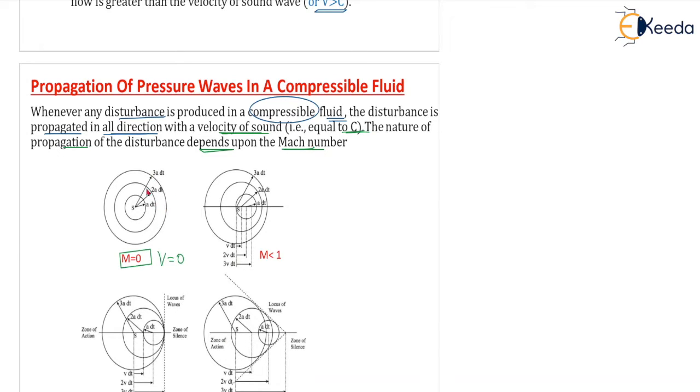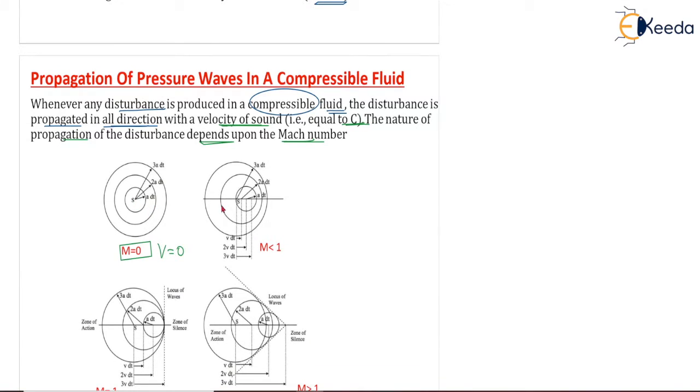You can see the propagation, because the body is at the center and is not moving. This is the sound wave propagation, and the body is exactly at the center.